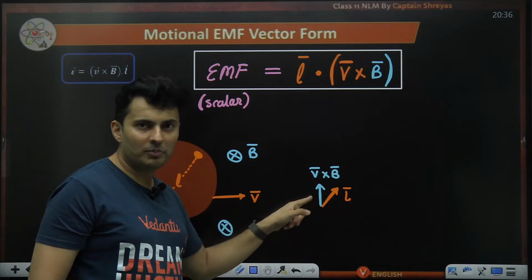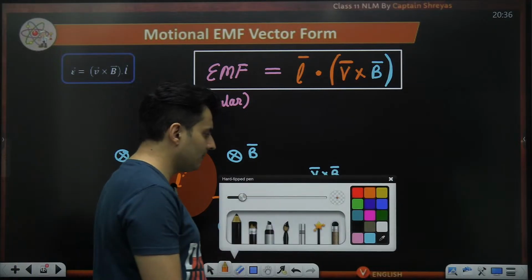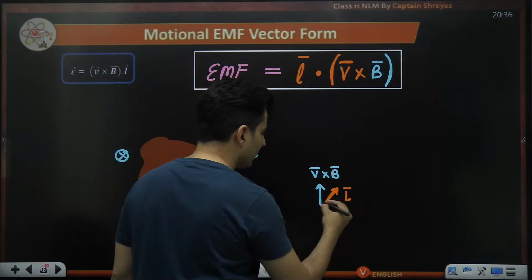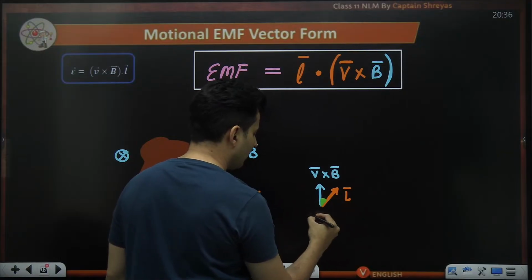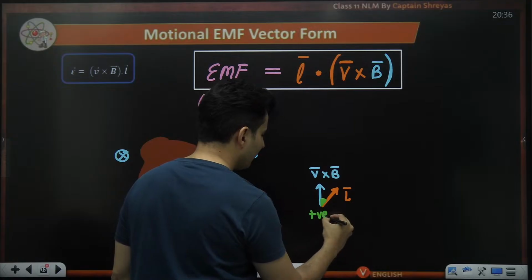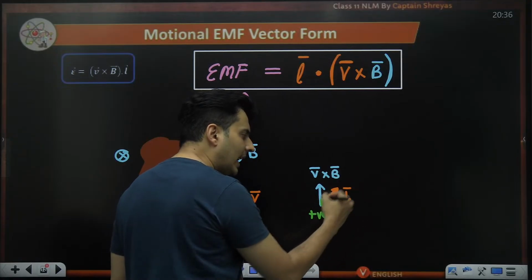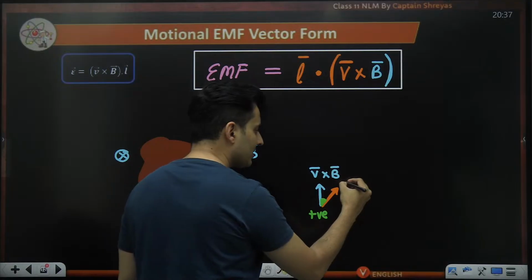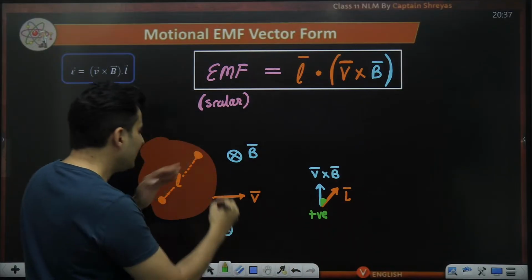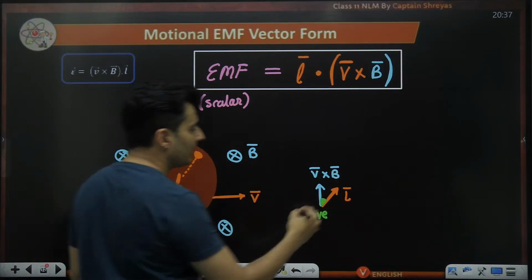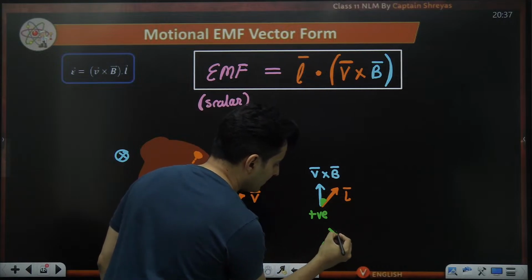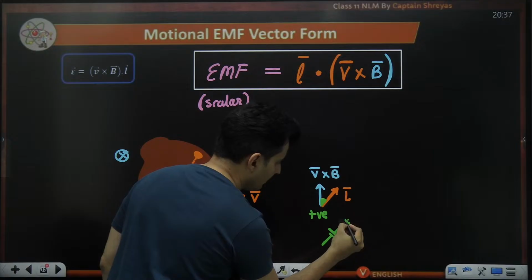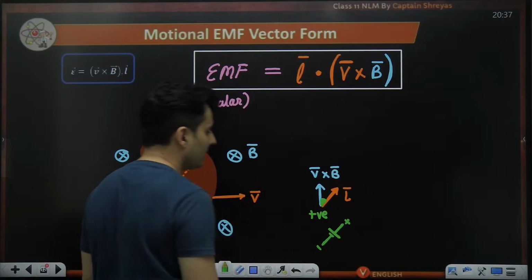Then this dot product will obviously be positive, because the angle over here is acute. That means this is the correct direction of EMF. That means this side will be positive, this side will be negative. That means you can assume the battery to be like this.